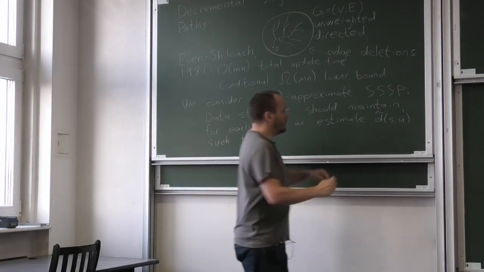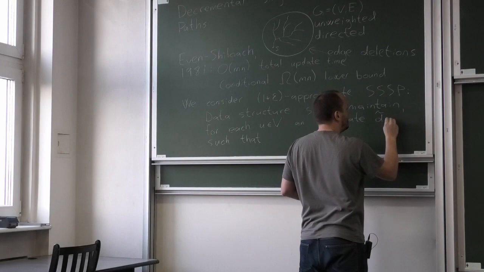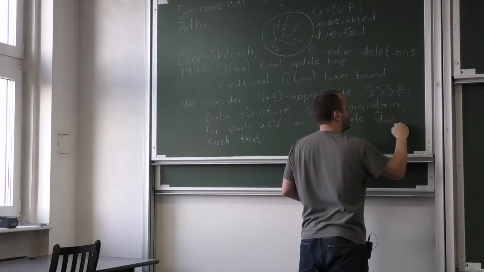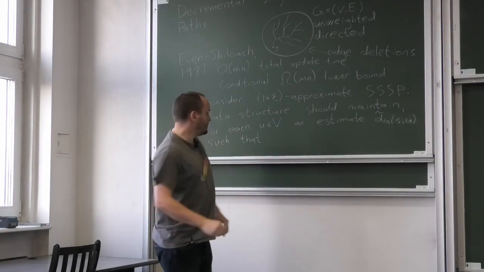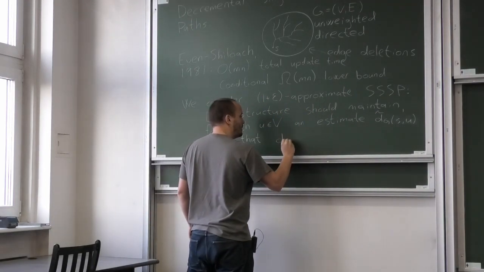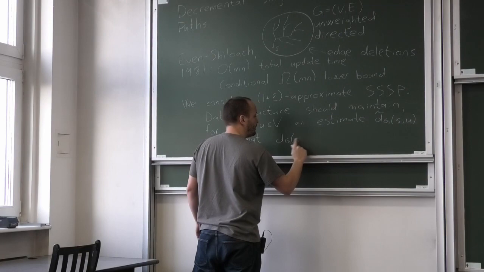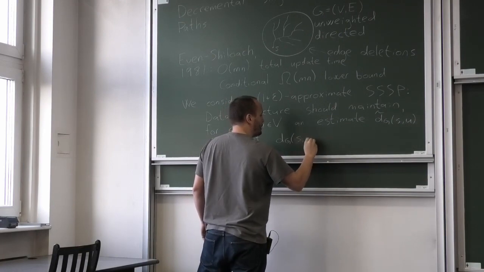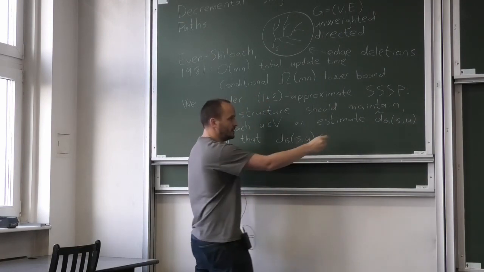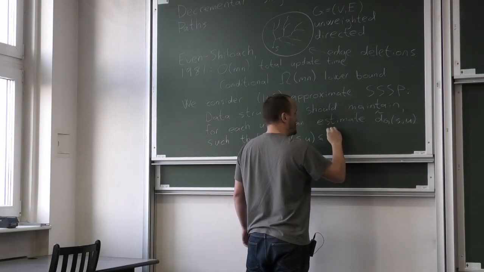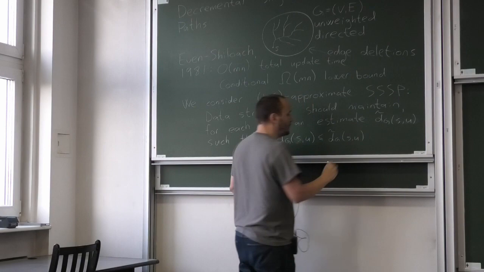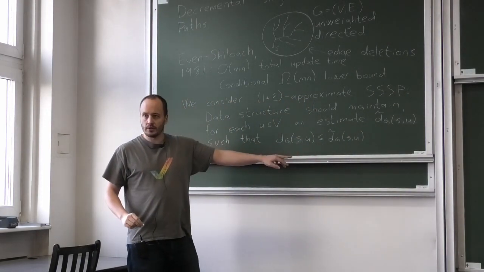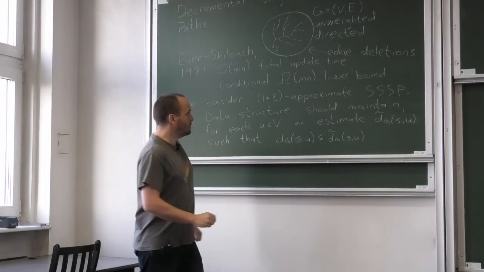well, let me call it d tilde G of s, u. So we never want this to be an underestimate, so we want the actual shortest path to be a lower bound on this estimate. But we don't want this to overestimate the shortest path distance by more than a factor 1 plus epsilon.